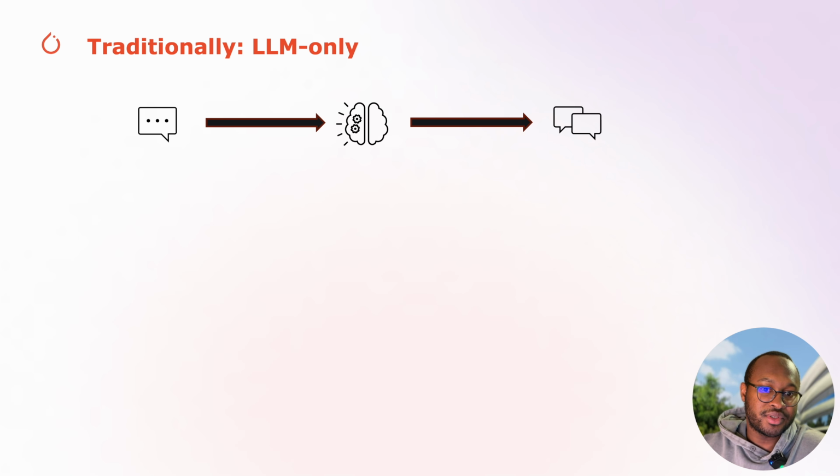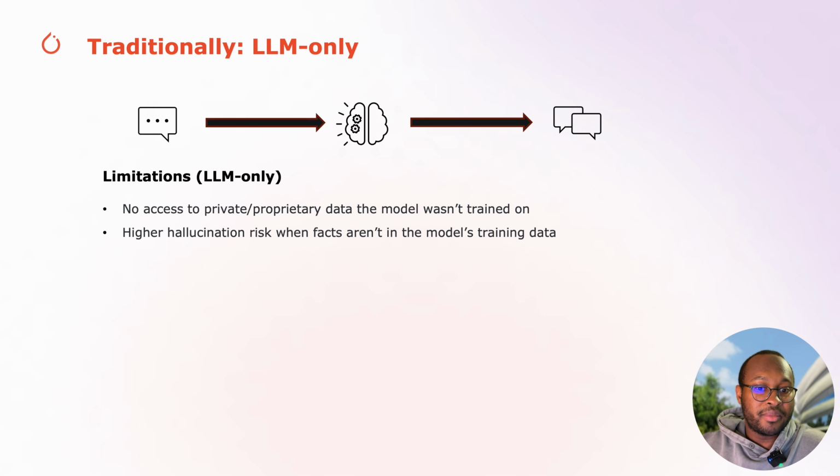So the traditional way we use a large language model is we have a prompt, we send it to the model, and we get a response, right? But the problem is that it's possible that we might have private data that the model was not trained on, and that can introduce an issue of hallucination.